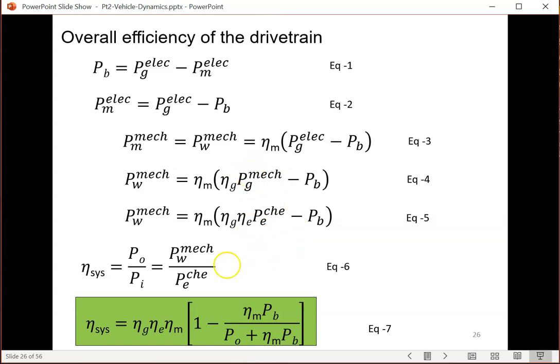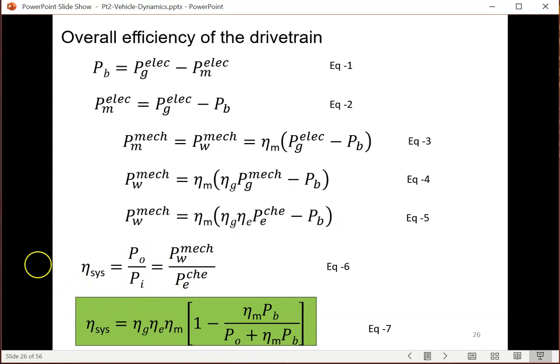Now, the overall efficiency of the system equals total output power divided by total input power. Total output power is PW mechanical. Total input power is PE chemical, that's the engine input. And the top is the output power of the wheels.